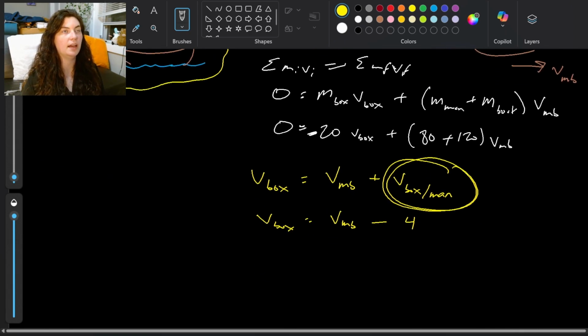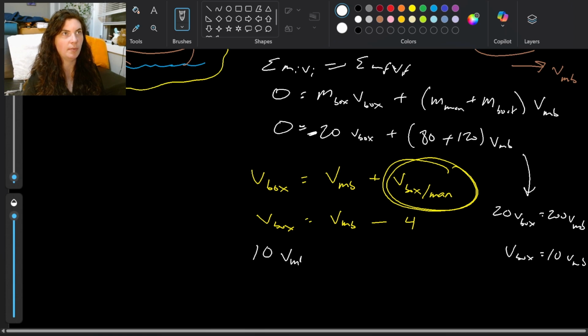And we can plug that in, or we can simplify this relationship here. I might do that. Here I get 20 v box equals 200 v man-boat. So velocity of my box is 10 times the velocity of the man in the boat. And if I pop that in here, 10 times velocity of man and boat equals velocity of man and boat minus 4.